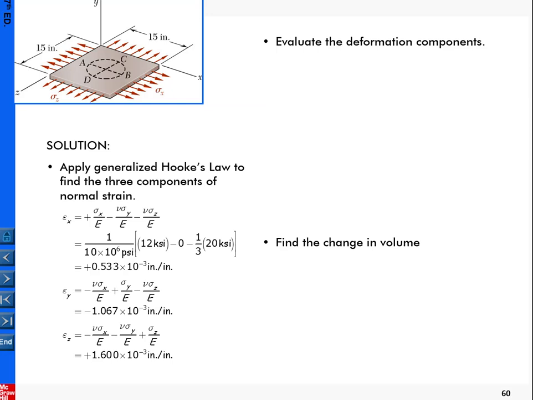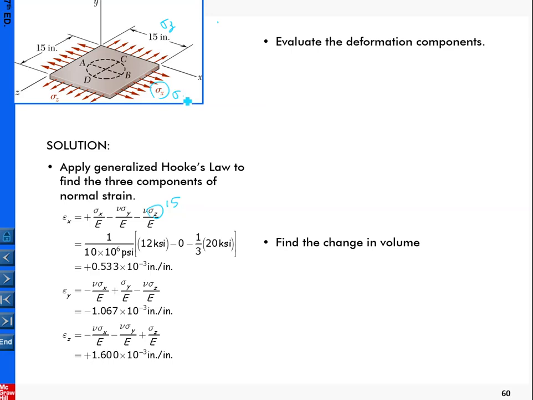And this is another example here. We still have the 3 equations of generalized Hooke's law. Again, we pick the coordinate system like this. Here we are given the stress sigma z, and sigma x is also given.